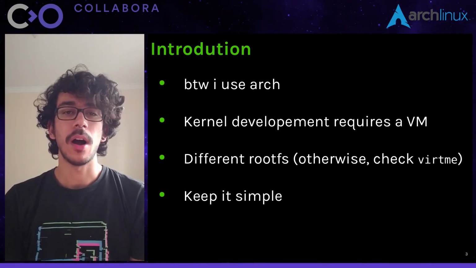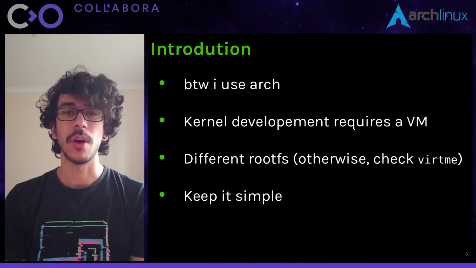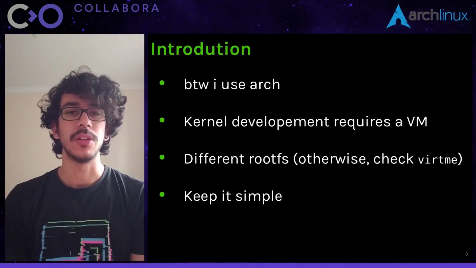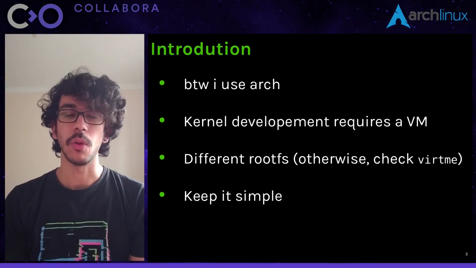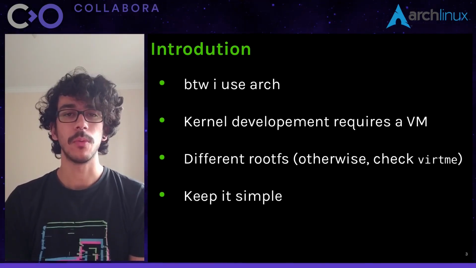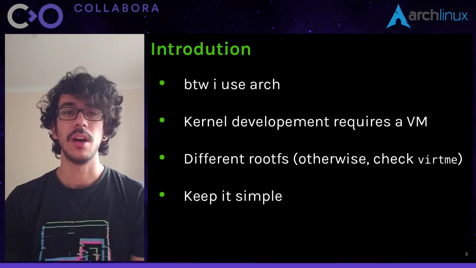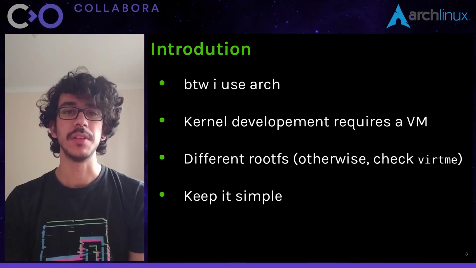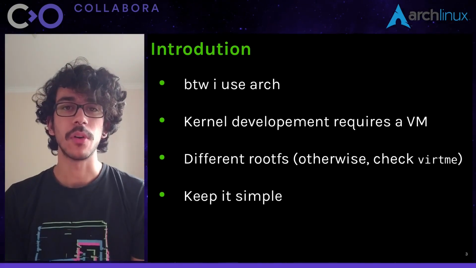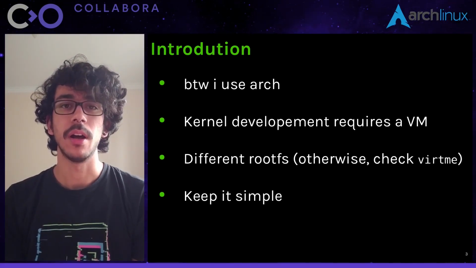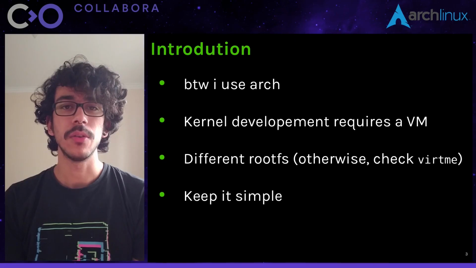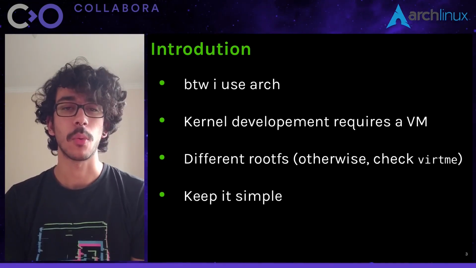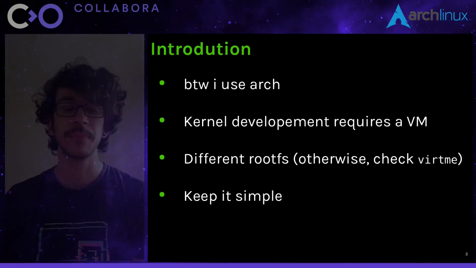I also find it very useful to have a different root FS, so I can make experimental changes on all the stack, and I do not risk breaking my system. But if you want to use the same root FS of your installation for your testing, I recommend checking the tool called VirtMe, which is a wrapper around QEMU.